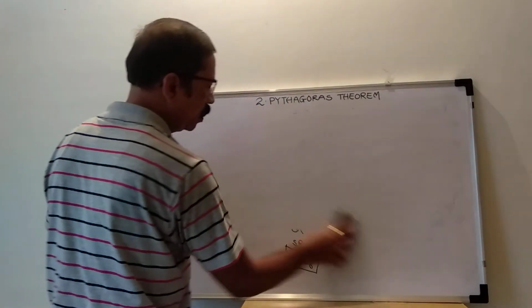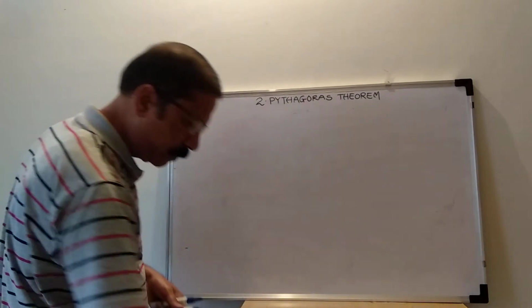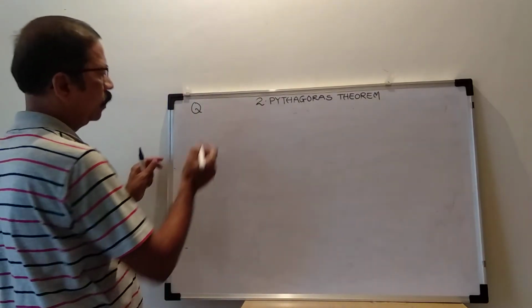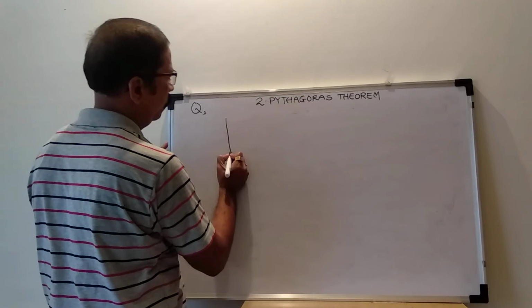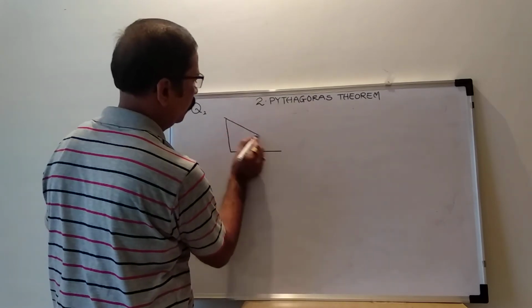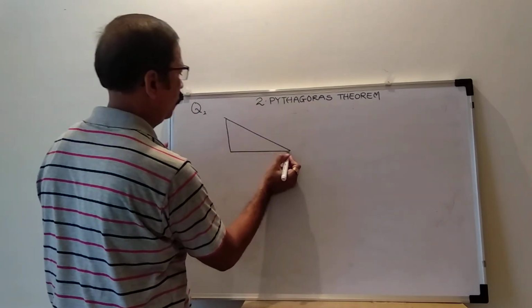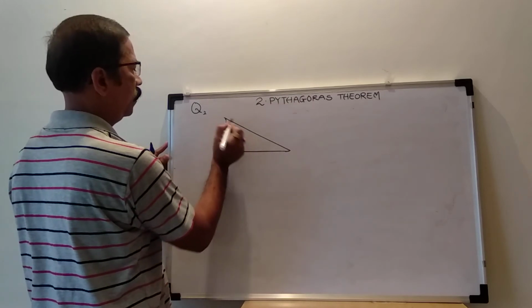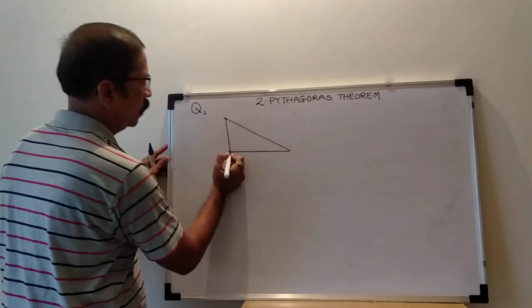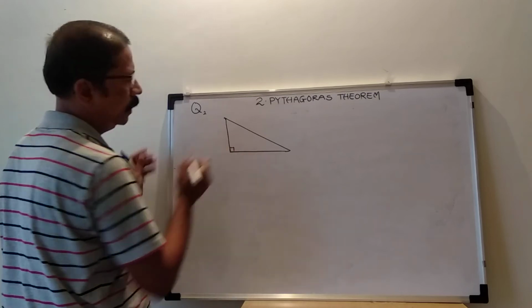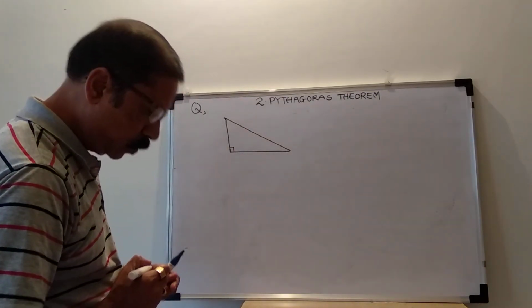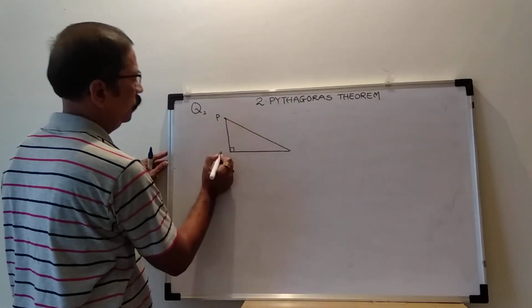Now take one more sum, related to the 45-45-90 degree triangle. Second sum. Again, this is a right angle triangle whose name is PQR.